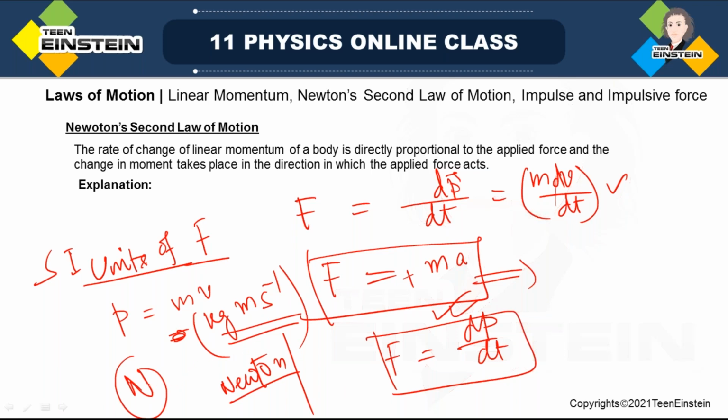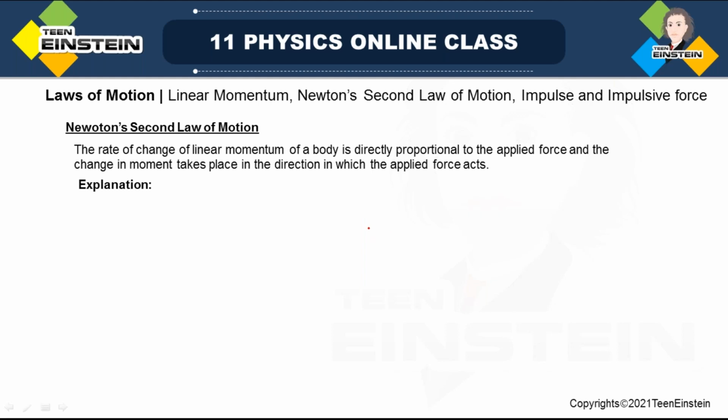The CGS unit is the dyne, and there is a relationship between Newton and dyne. And one more thing you need to remember: the change in linear momentum will be in the direction of the applied force itself.